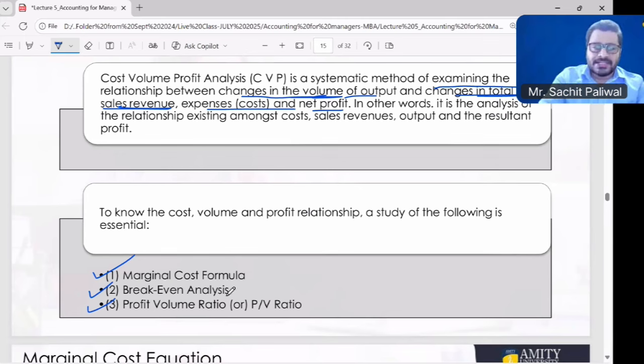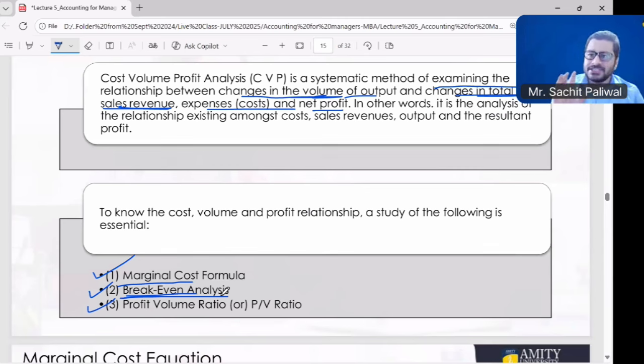So what is break-even analysis? Have you ever heard this term? Because in the first semester, you have economics. Am I right? You have the subject economics. And these terms, marginal cost, marginal utility, break even, come from economics. So what is the meaning of break-even analysis? Somebody is saying no profit, no loss.